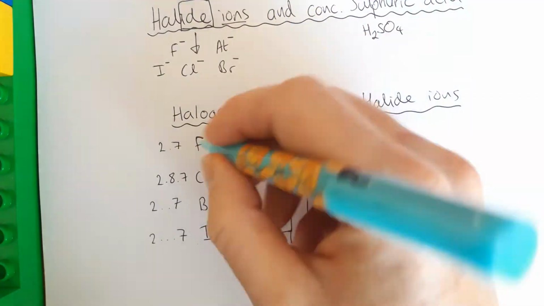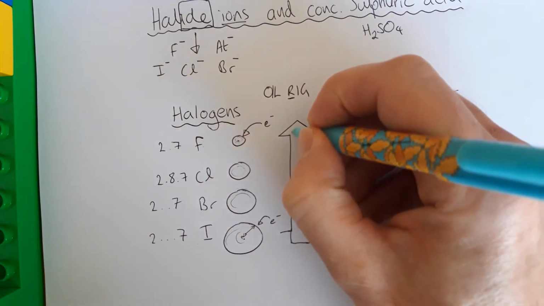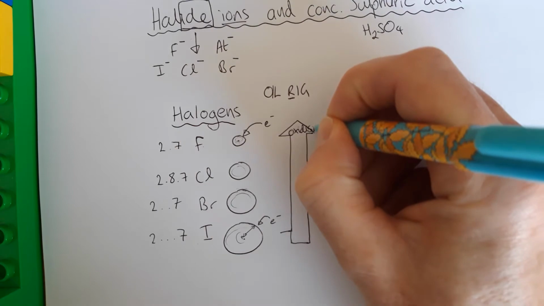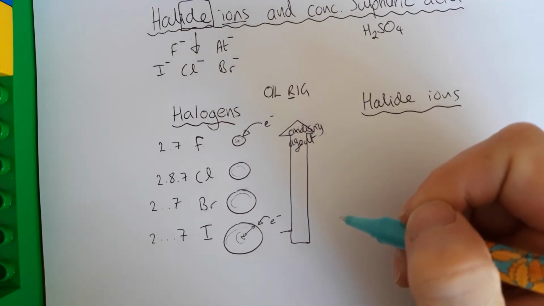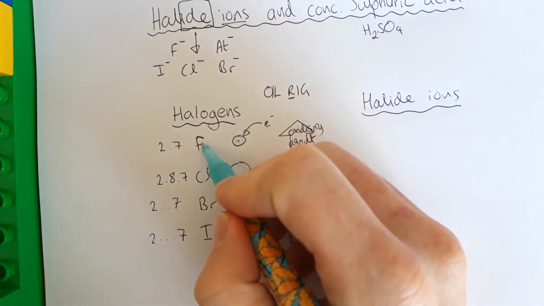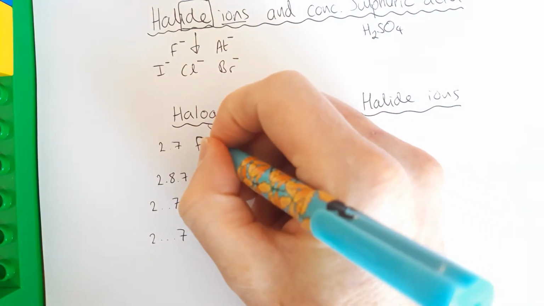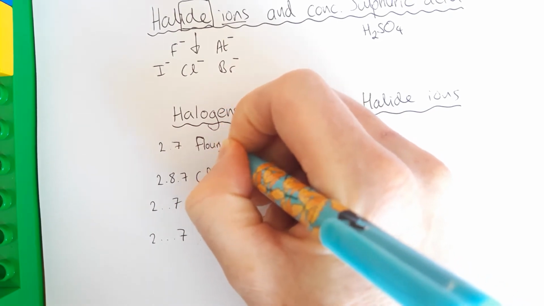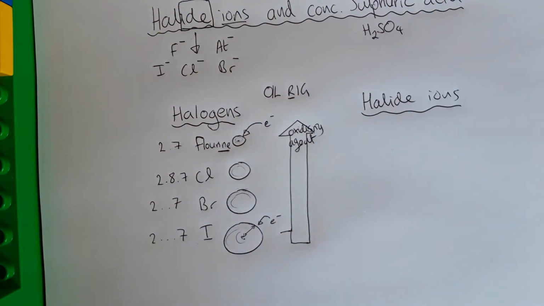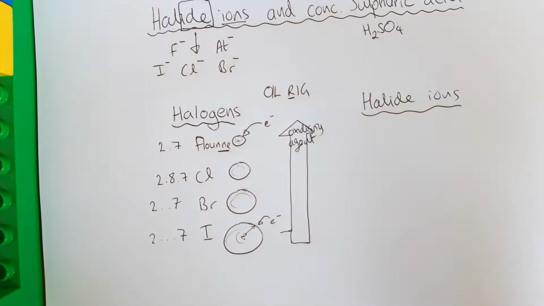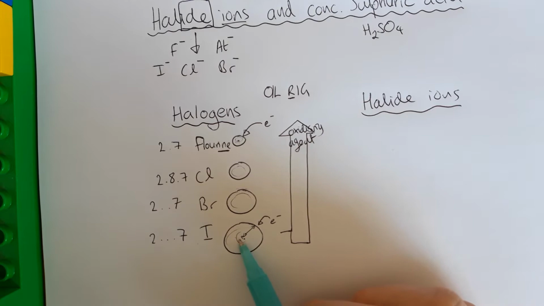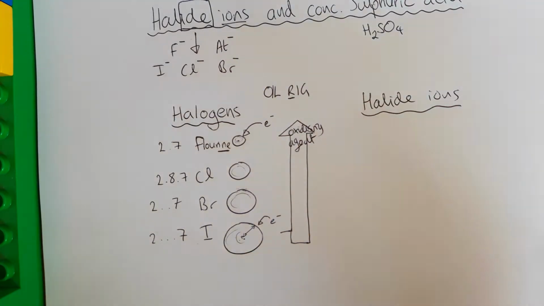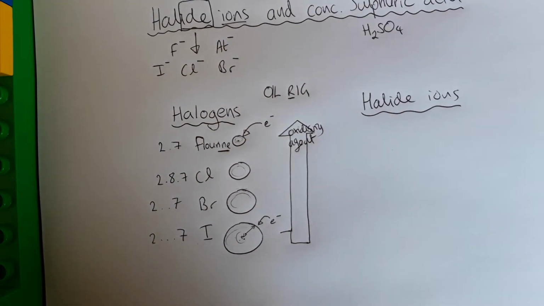So that means that fluorine, out of all of these, is the best oxidizing agent because it gains electrons more strongly. Fluorine, the halogen, is the best oxidizing agent because it gains electrons the easiest. Iodine is the worst oxidizing agent because it gains electrons the least easily.